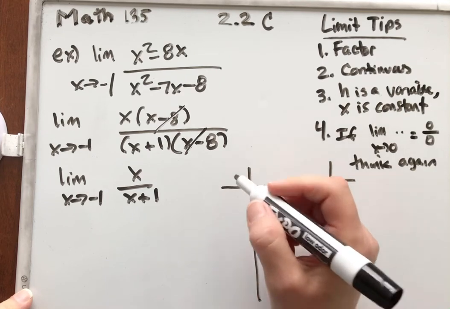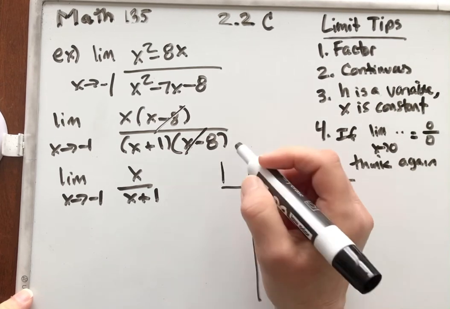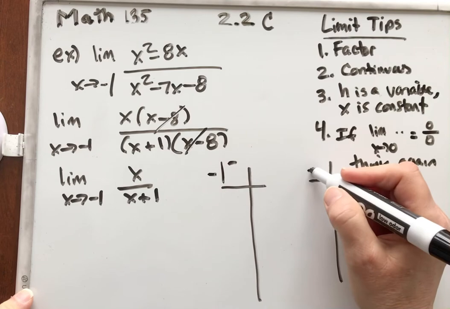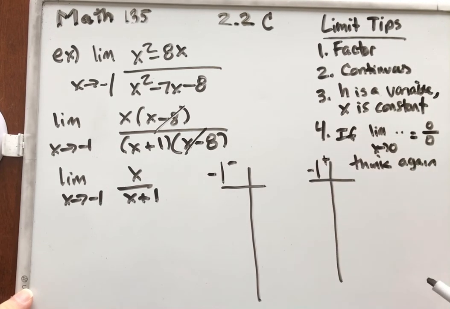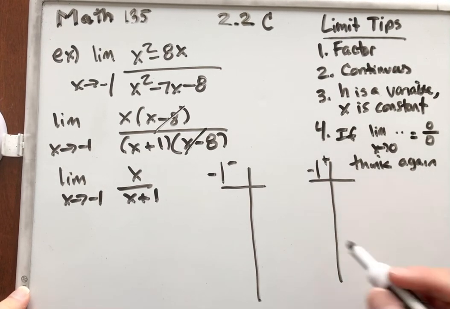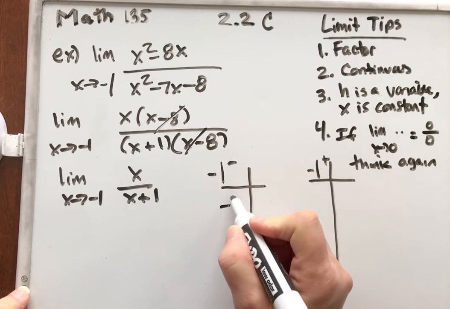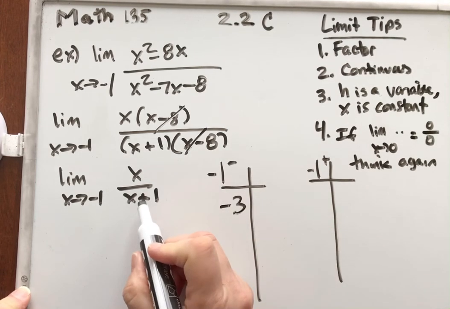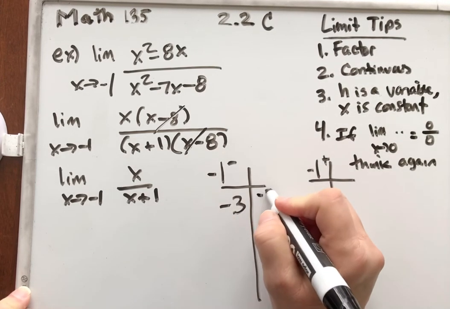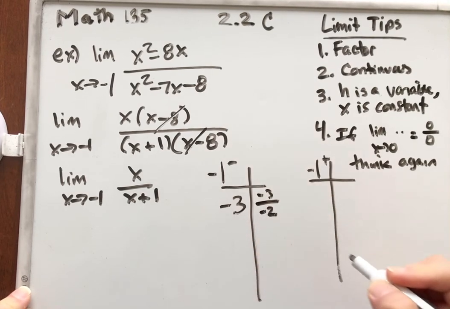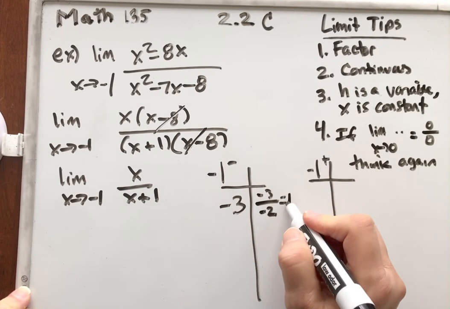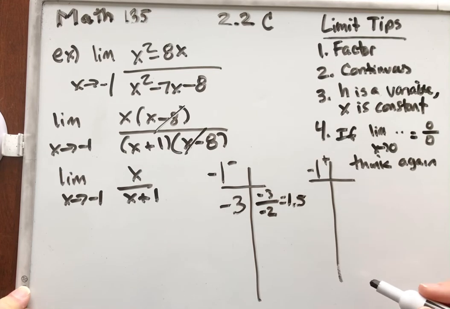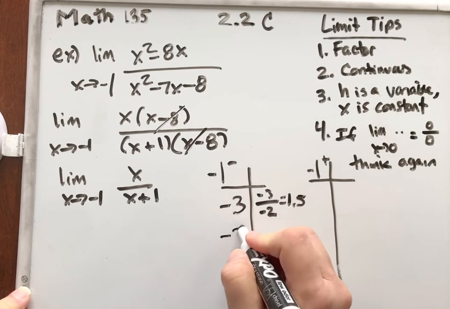All right, we're going to look at -1 from the left and -1 from the right. All right, just putting in numbers. From the left, if I put a -3 in there, we're going to get a -3 on the top, -2 on the bottom, and we get 1.5. All right, I'm going to put a -2 in there.